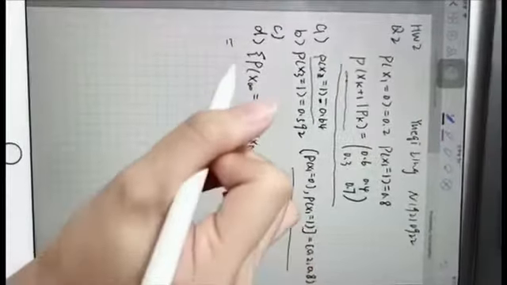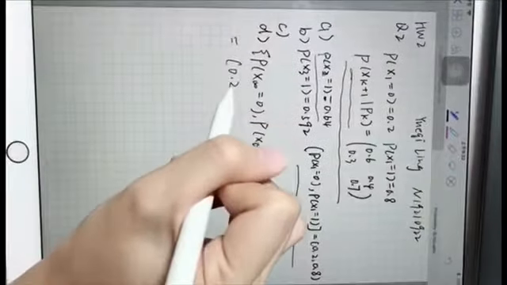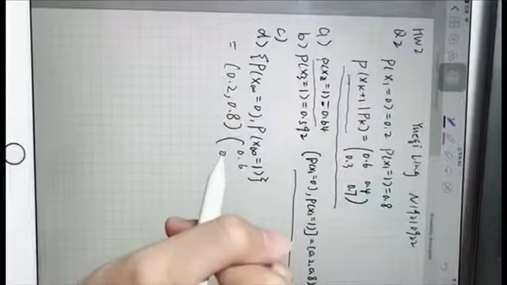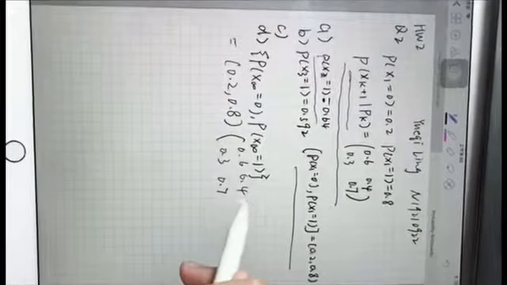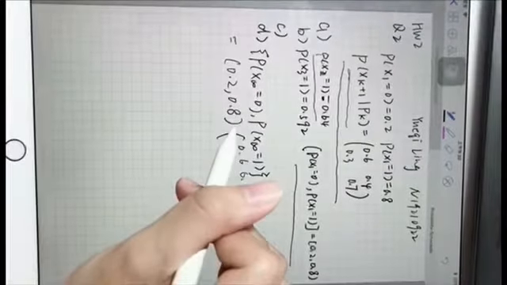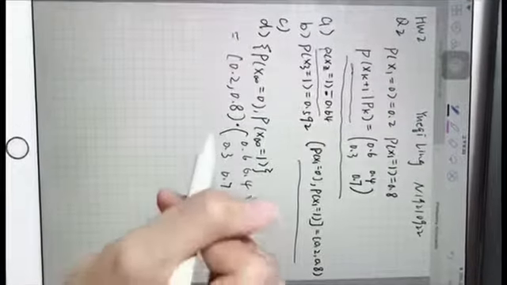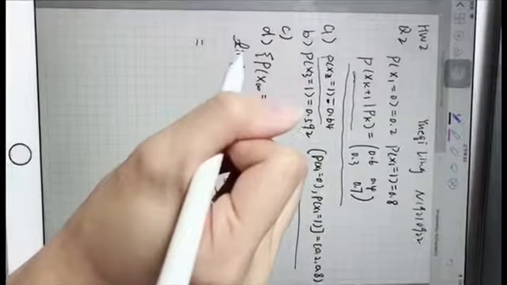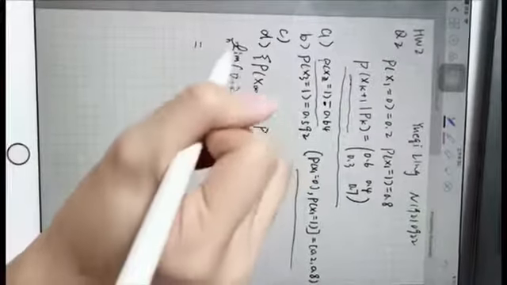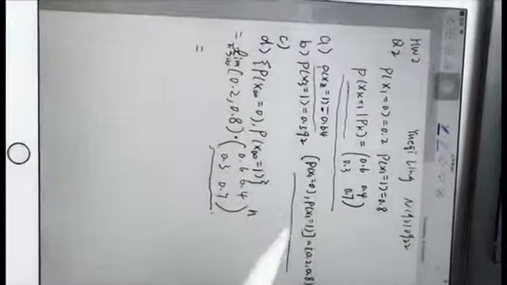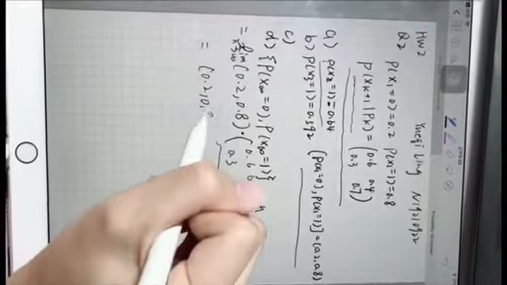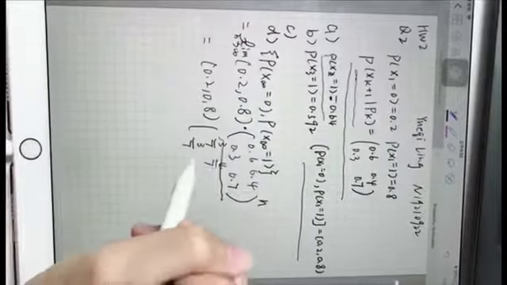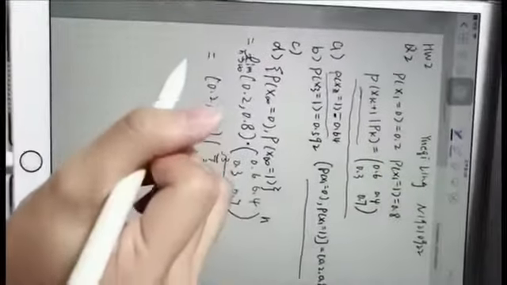It can be 0.2, 0.8, the matrix multiplied by 0.6, 0.3, and so on, multiplied by the nth power of this matrix. And we need to take the limit. It can be 0.2, 0.8 multiplied by the limit. And now we got the answer.